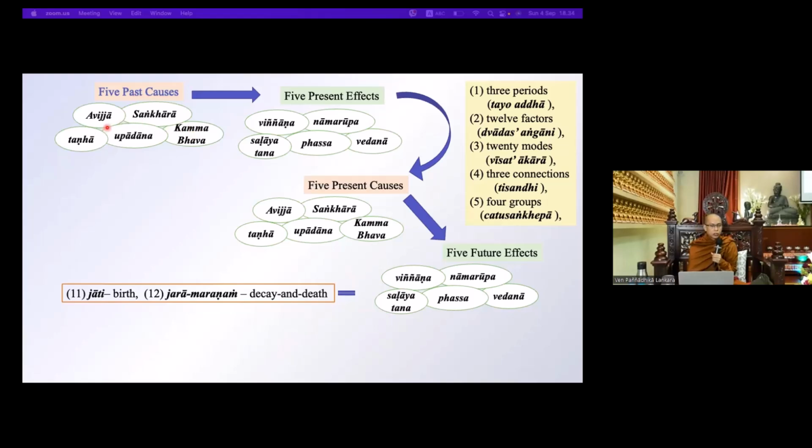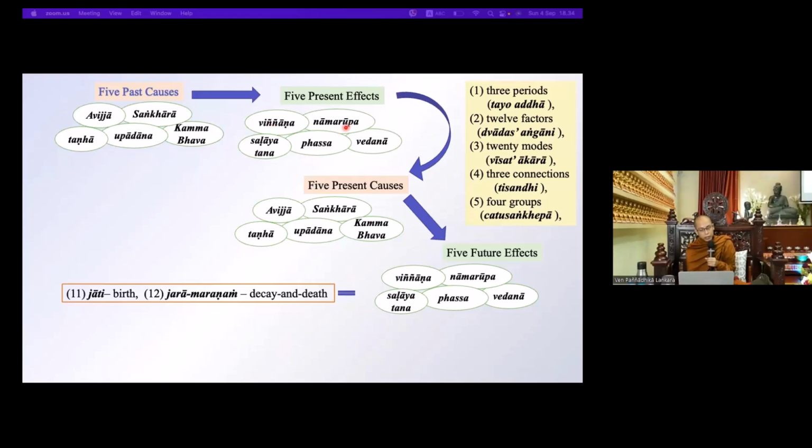Although the 2 fetters of avijja and sankhara are pointed out as the past cause, actually not only these 2; avijja, sankhara, tanha, upadana, karma bhava, these are 5 past causes. These past causes produce the present effect of vinnana. This is the consciousness of rebirth, vinnana, and nama rupa.